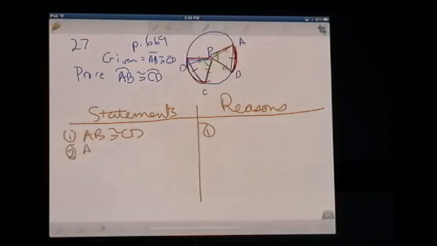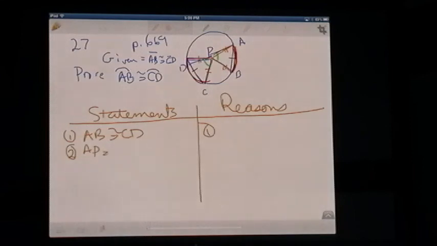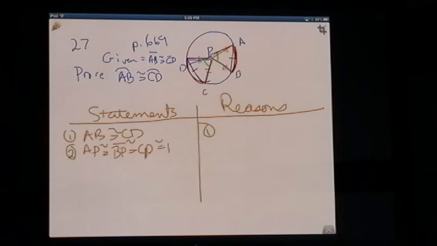So we're going to say AP is congruent to BP, is congruent to CP, oops, CP is congruent to DP. And that's because they're all radii, and all radii are, what did I say a few minutes ago? You're going to have to figure that one out.